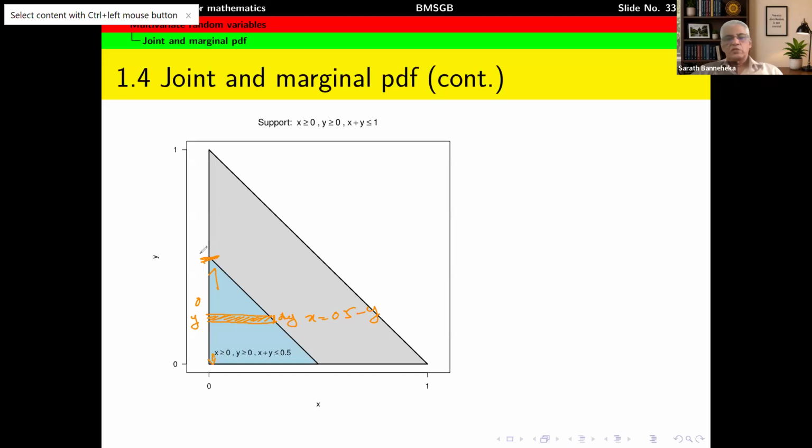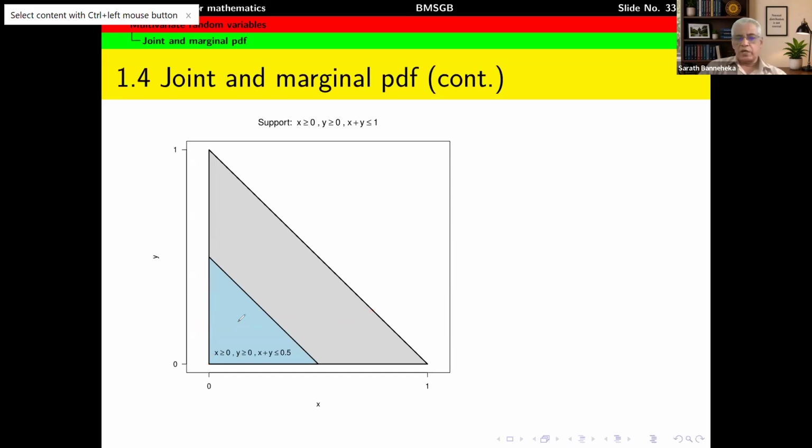So that's another way to get the same answer. You can consider a vertical stripe and integrate with respect to y along that vertical line, or you consider a horizontal line and integrate first along that line with respect to x, and then integrate later with respect to y. Both methods can be applied.